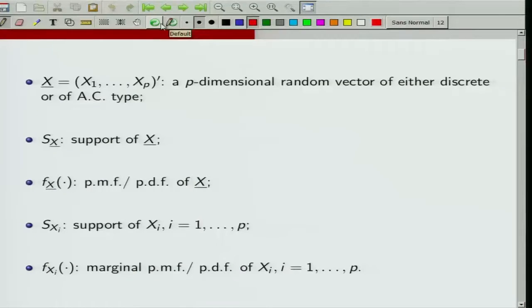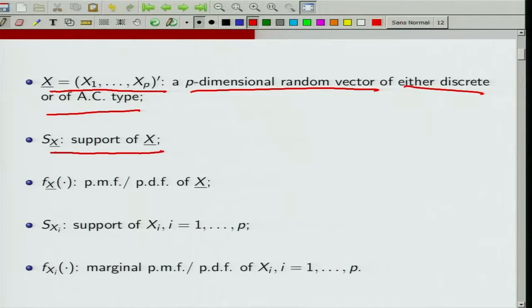Suppose X, which is (X1, X2, ..., Xp), is a p-dimensional random vector, which is either of discrete or absolutely continuous type. And suppose S_X is the support of X. F_X is the probability mass function in the case of a discrete random vector, or the probability density function in the case of an absolutely continuous random vector.